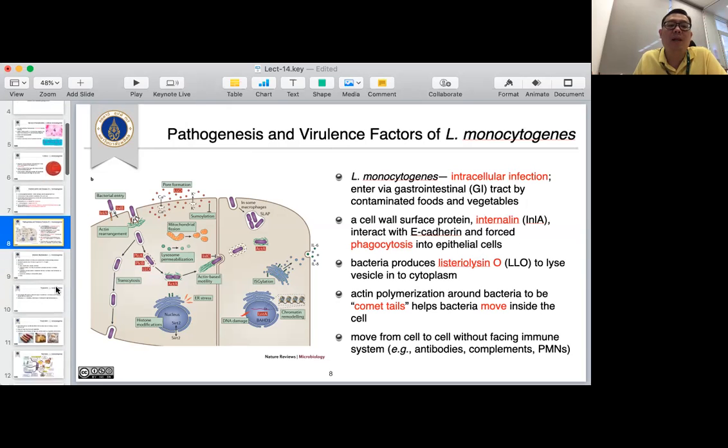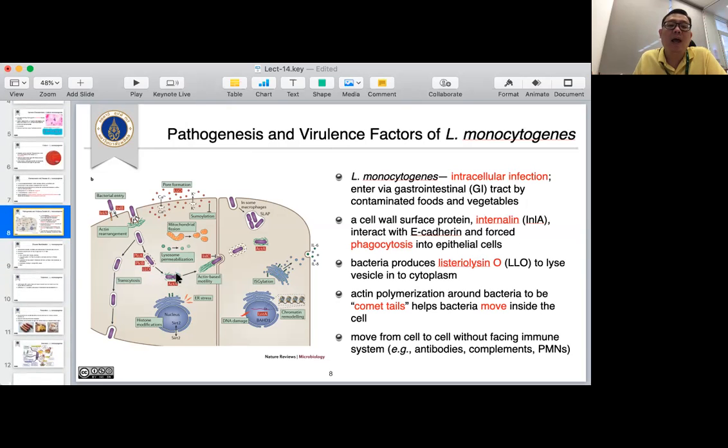Once actin is polymerized around the bacteria, they use actin for movement, looking like a comet tail. So bacteria move inside the cytoplasm by the comet tail.